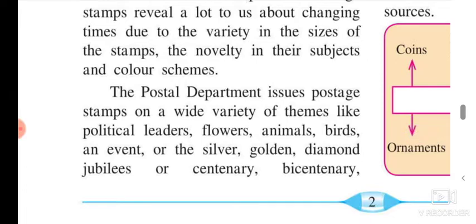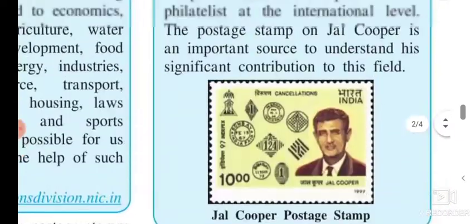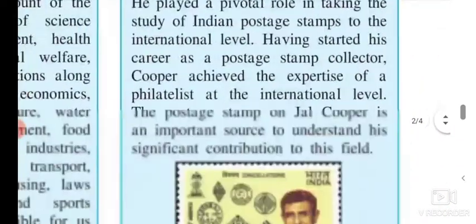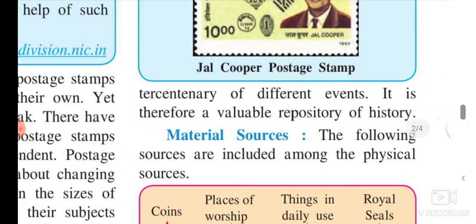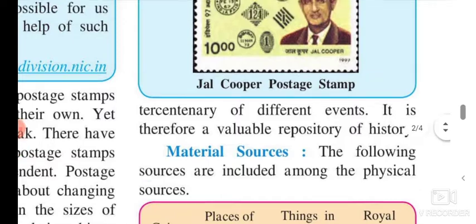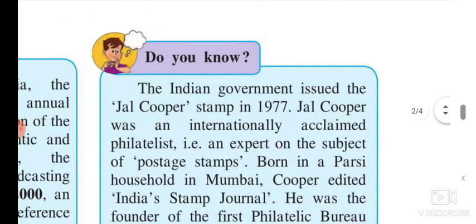The postal department issues postage stamps on a wide variety of themes like political leaders, flowers, animals, birds, events, or the silver, golden, diamond jubilees, or the centenary, bicentenary, on different events. It is therefore a valuable repository of history.